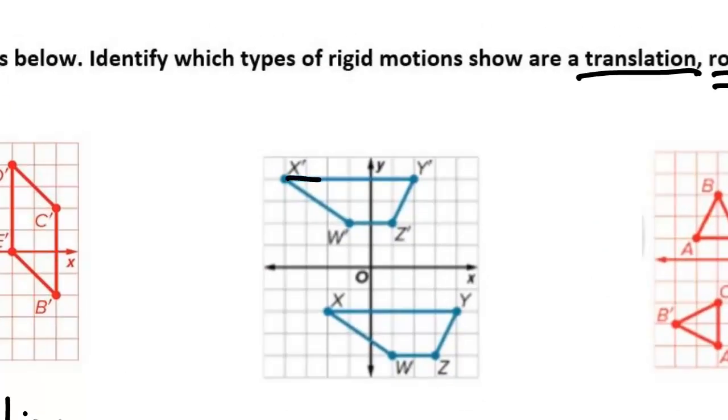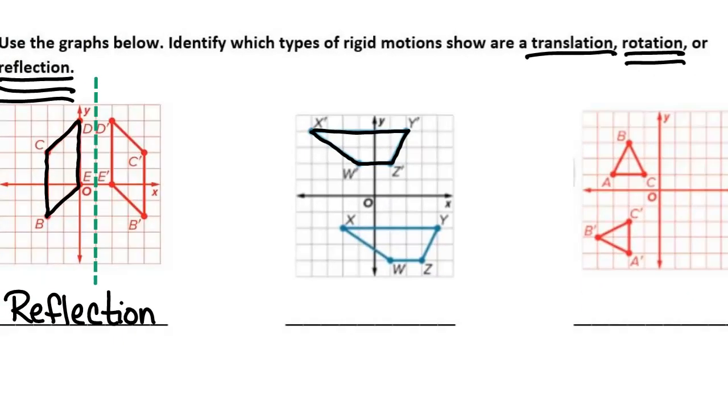Let's come and look at the middle one. So I'm going to trace over this shape. Can I slide this on the page and make it match up? Yes. Technically, I should have started with the bottom one, but either way, that is a translation. Notice I didn't flip or twist my paper at all, my tracing paper.